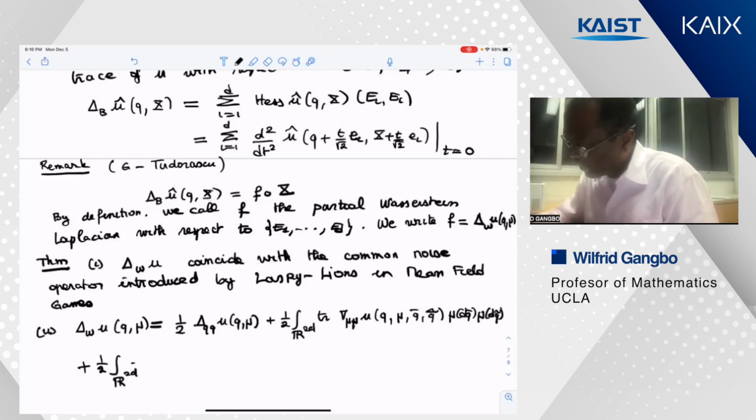It is not a mistake, but I didn't want to present it that way. I prefer doing the following. I prefer writing this. What I erased, I want to write it here, trace, and you will see why I want to write it here soon.